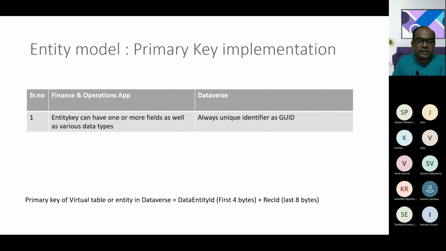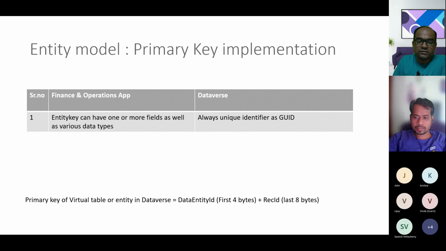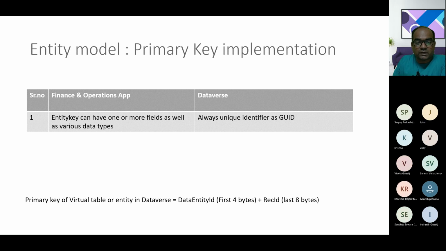Let us move on to the next slide and understand more about the primary key implementation. As you might have noticed, in Dataverse the GUID is always the unique key identifier, and that has been there since the beginning from a customer engagement app perspective. However, from a finance and operation app perspective, we always had the RecId, which is a 64-bit integer number.